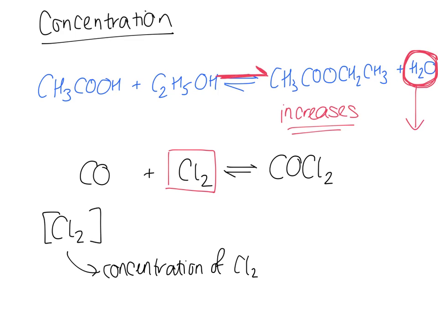It does that by using up my chlorine. If I've added more chlorine, the equilibrium wants to use up that extra chlorine, so it reacts it with my carbon monoxide to produce my carbonyl chloride.